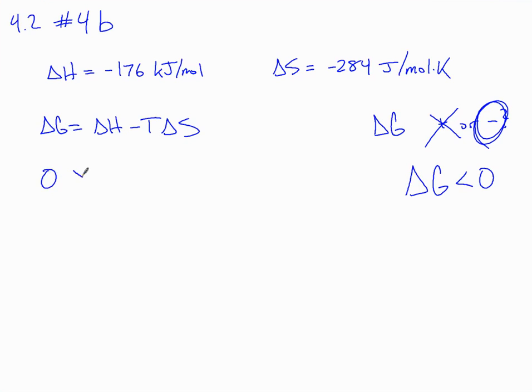So 0 is greater than, because I flipped it, right? That's basically what it's saying. And then it's your delta H minus T delta S. We're going to plug in our numbers, and it's going to tell us at what temperature and below this works.